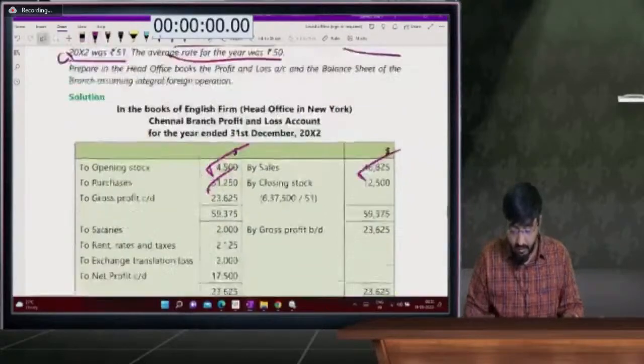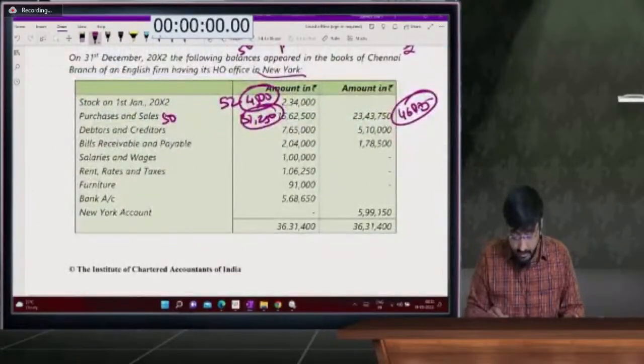Yes, and purchases 31,250. Correct. Debtors I will write in the balance sheet.